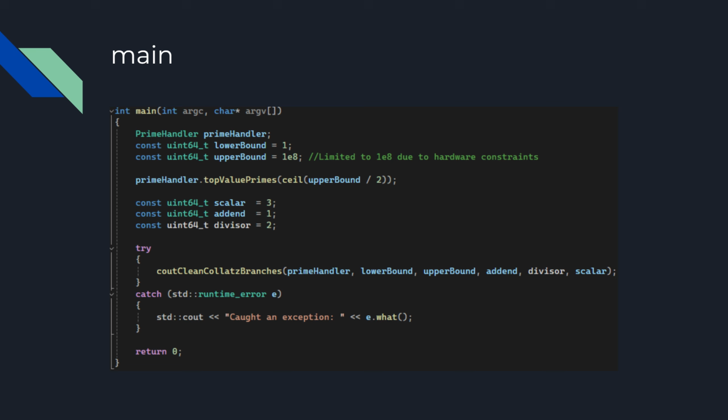Our main function here wraps up those two inner functions inside of cout clean Collatz branches. So that's going to filter out anything that doesn't go all the way up through the 3x plus 1 branch and then all the way down through the division by 2 branch.